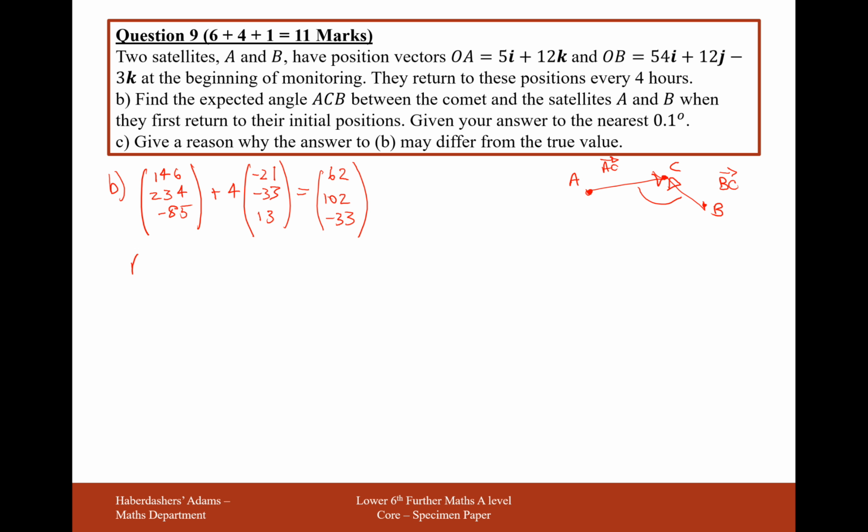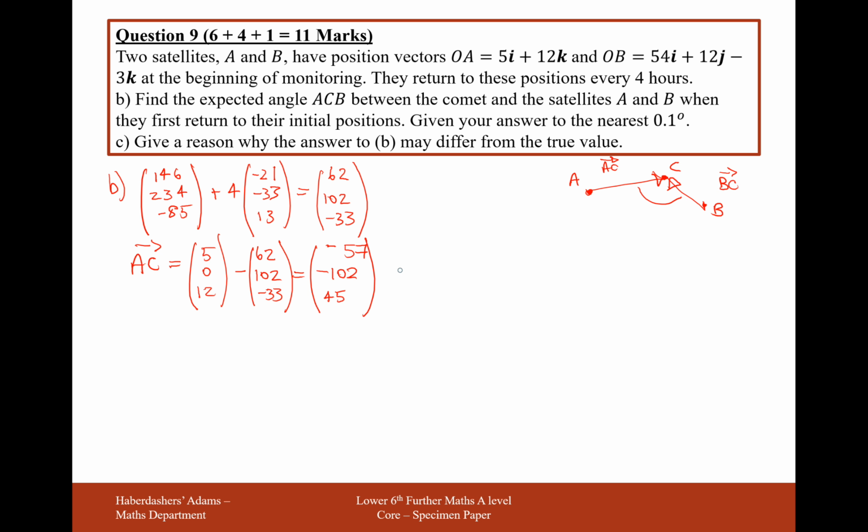So starting off, A to C is going to equal the coordinate for C minus A, so 5, 0, 12, take away 62, 102, minus 33, which is going to equal minus 57, minus 102, 45.